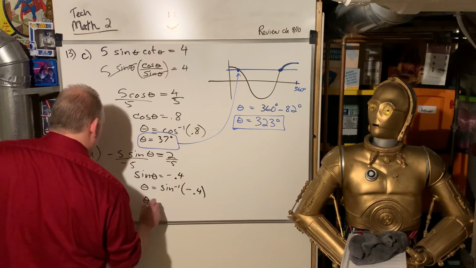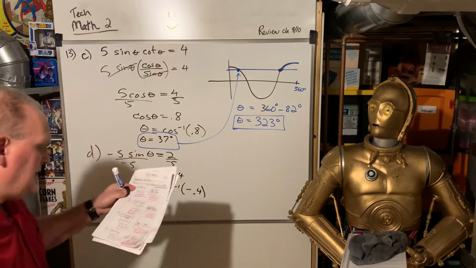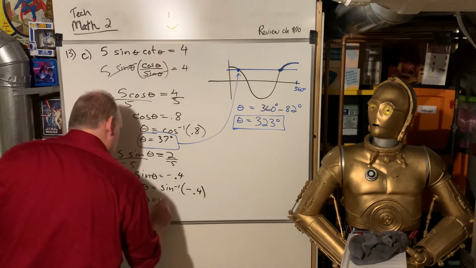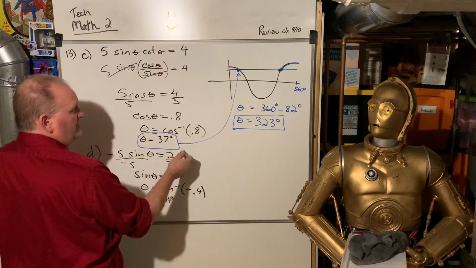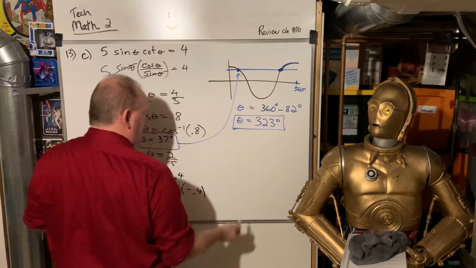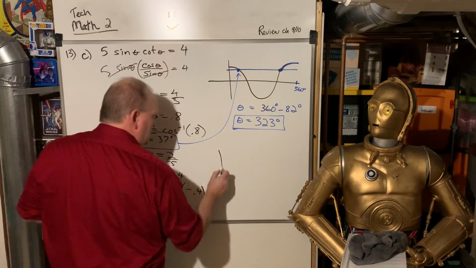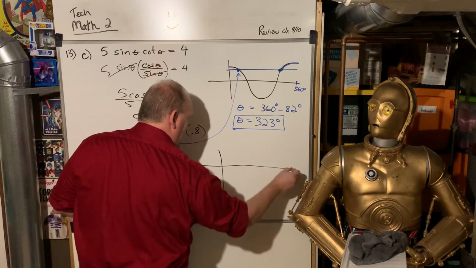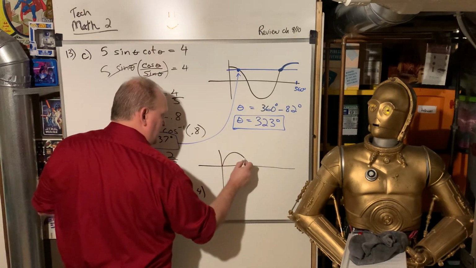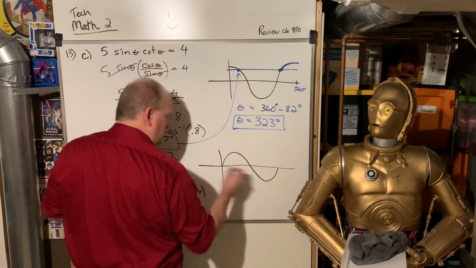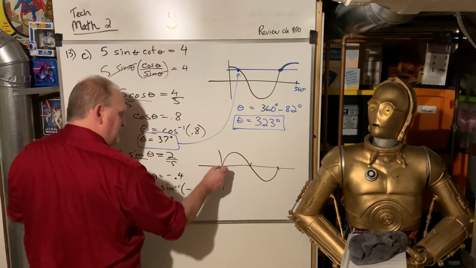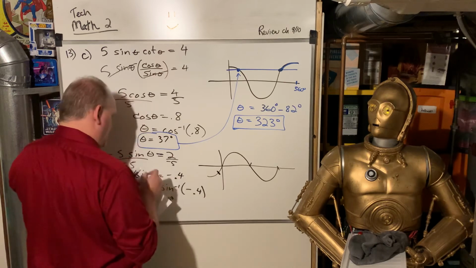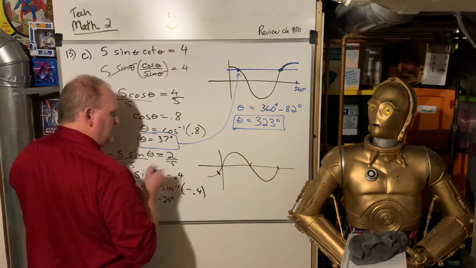You pop that into your calculator, you get this crazy answer, negative 24 degrees. So we didn't get any of them. Most of these problems work out where you get one of the two that's between 0 and 360. For this particular one, we didn't get the answers between 0 and 360. Okay? We got this answer right there, negative 24 degrees.